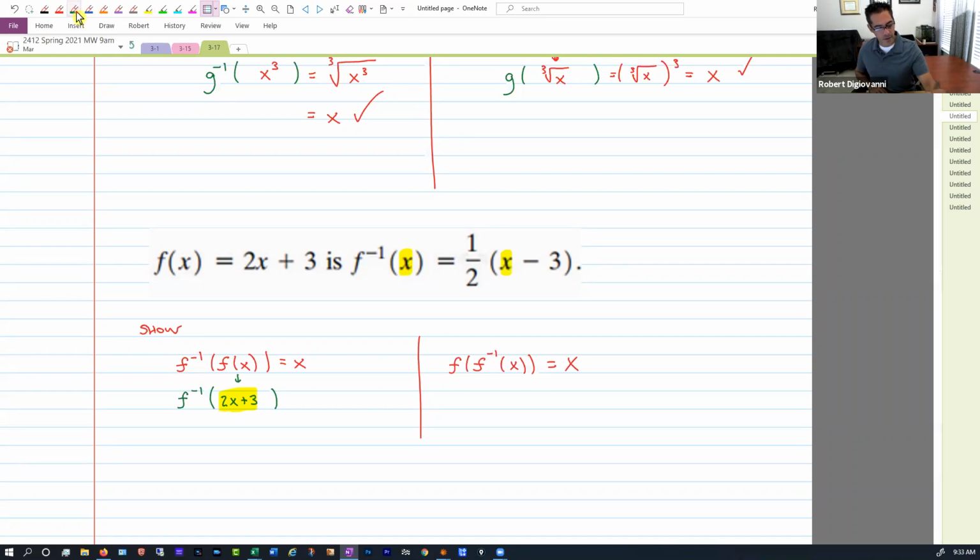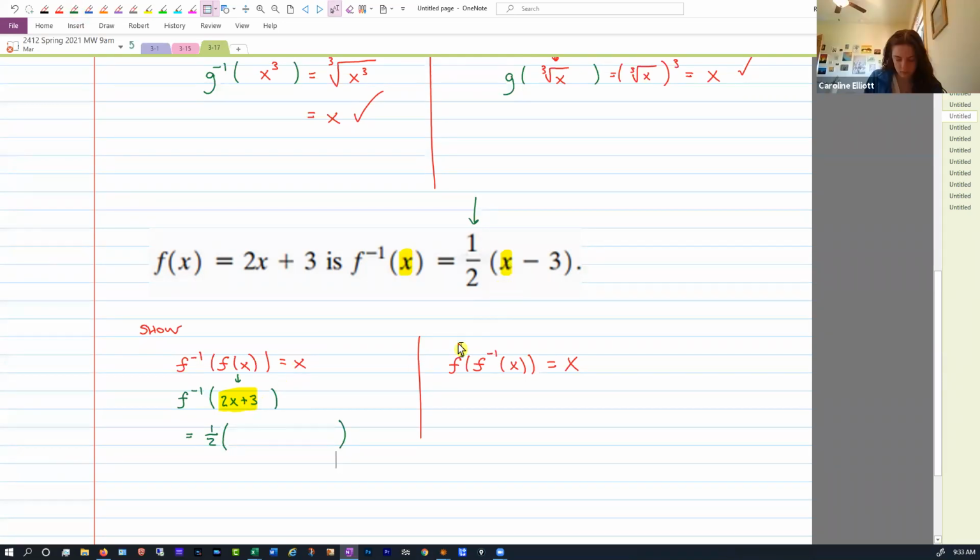Okay, so Caroline, tell me what would happen. If we plug that in, we would start with the 1/2, so I'd write down 1/2. And then in parentheses, I'm going to have x, but it's not x for us. It's actually 2x plus 3, so I put that there.